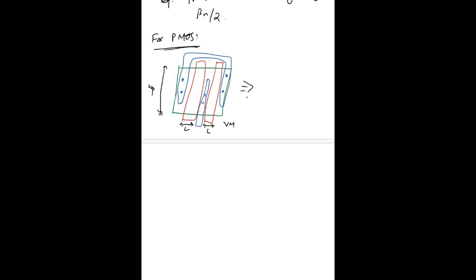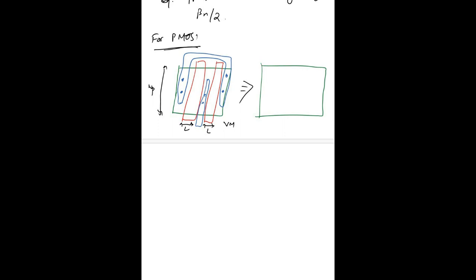And the equivalent circuit for this condition is given by the same width, that is WP. We have two gates here, connected in parallel. Then what we can do is stack them on top of each other.